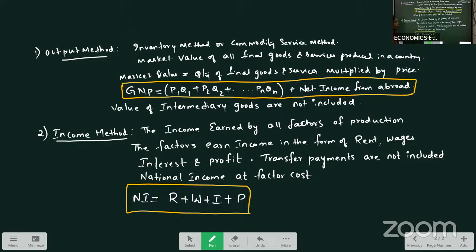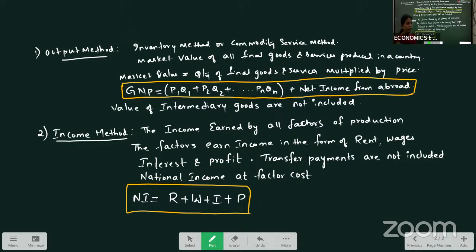So see, output method. In output method, what we are doing? We are calculating how much quantity of goods and services are produced and what is the price of that goods and services. When we calculate price and its quantity, we will get the total market value. Whereas under income method, what we are doing?